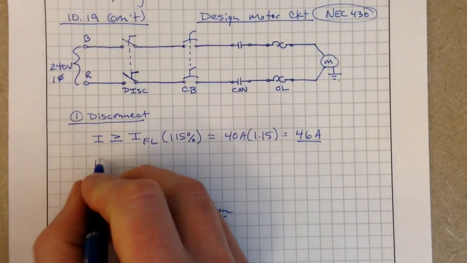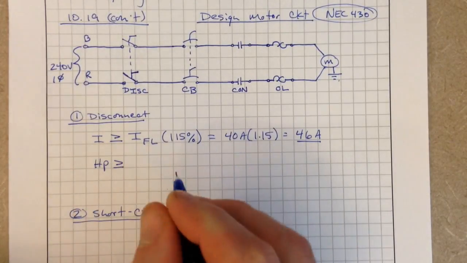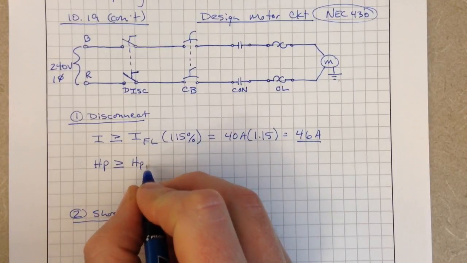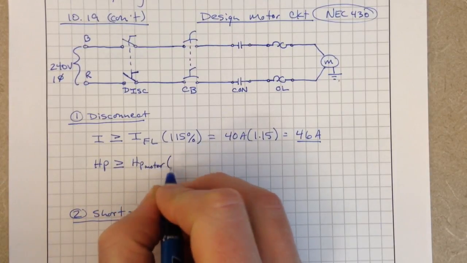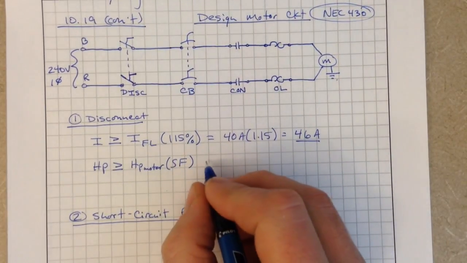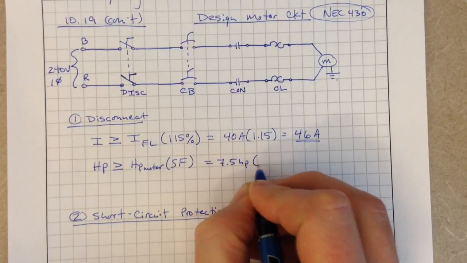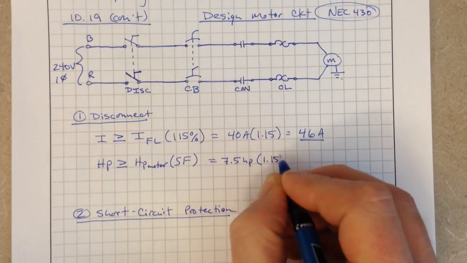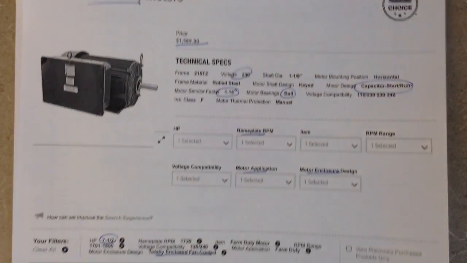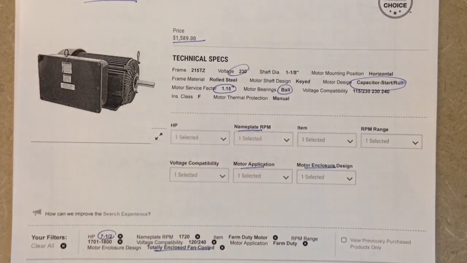We also need the horsepower of our disconnect to be greater than or equal to the horsepower of our motor times the service factor. We have a horsepower rating of 7.5 horsepower, and if we look back at the motor we selected, we have a service factor of 1.15.